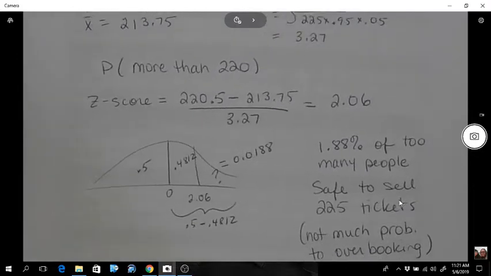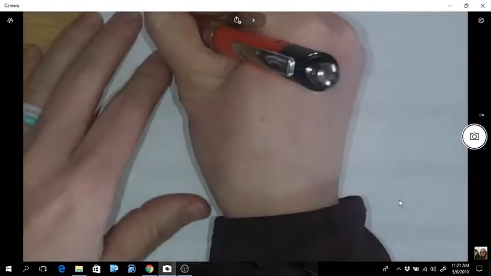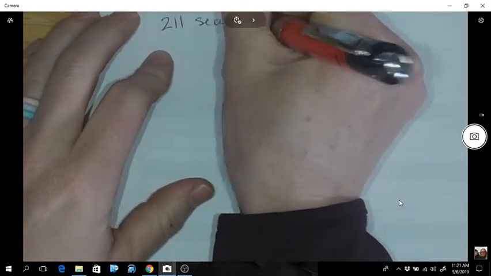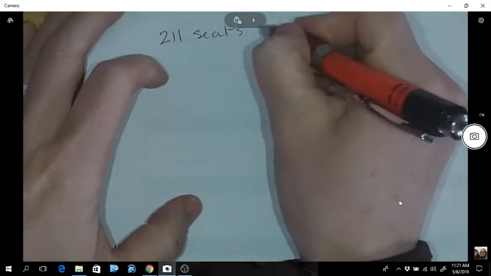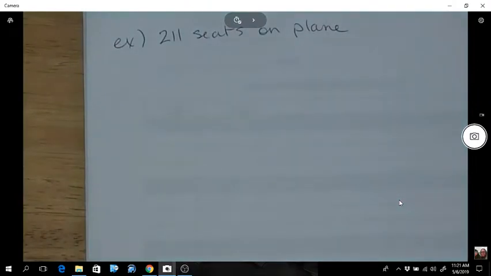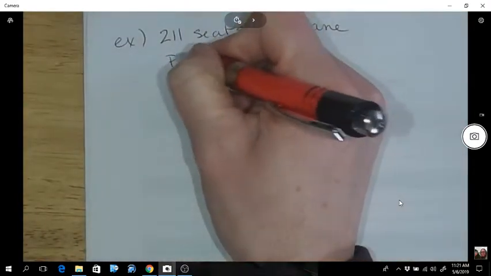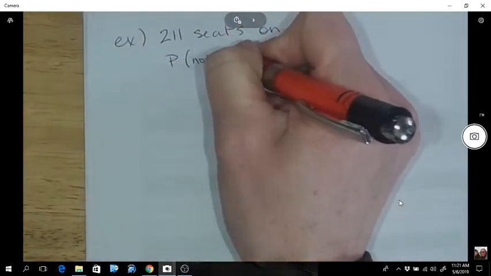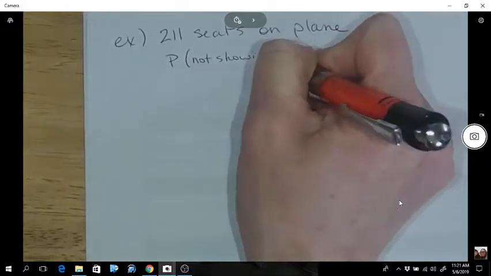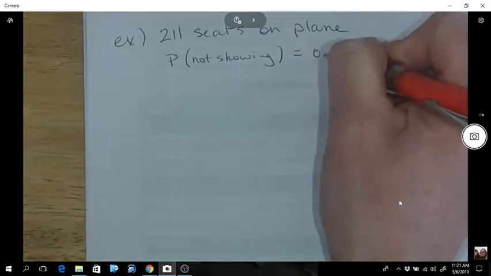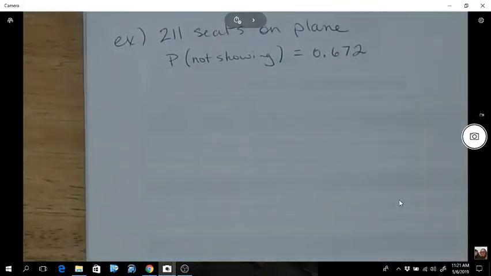Okay, so let's do another plane example. Okay, let's see what the scenario could be. There's 211 seats on the plane. Okay, probability of not showing up. They have a statistic that says that's your probability that you not show up. Okay, so let's go.